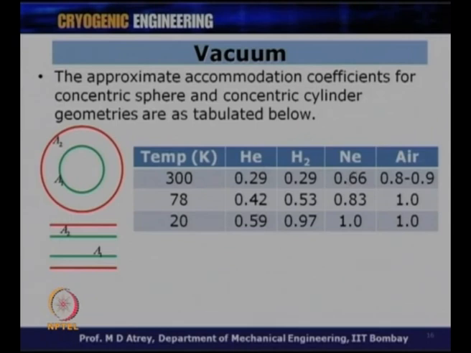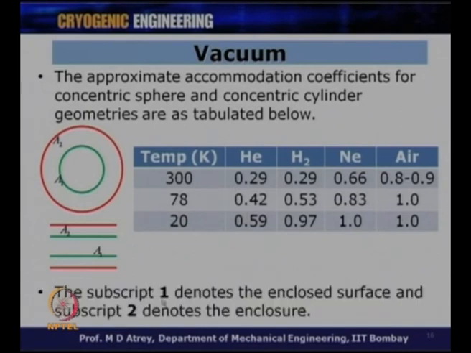What you can see is that at a particular temperature, if the gas becomes heavier and heavier, the accommodation coefficient increases, while if the temperature decreases for a particular gas, the accommodation coefficient increases. When there is an increase in accommodation coefficient, it is because of better and better heat transfer between the molecule and the surface. So, actual heat transfer is getting better as compared to the maximum possible heat transfer.